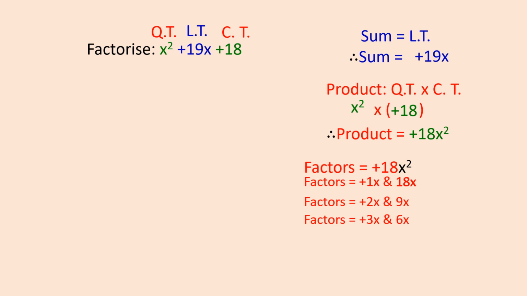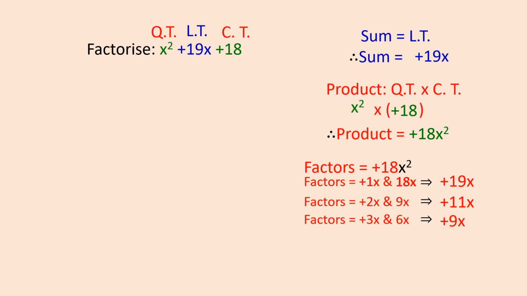Now you have a plus sign, so the product is plus. I will add both the factors of the product. 1x and 18x, I will add them and get plus 19x. Similarly, for the second one, 2x plus 9x becomes 11x. 3x plus 6x becomes 9x.